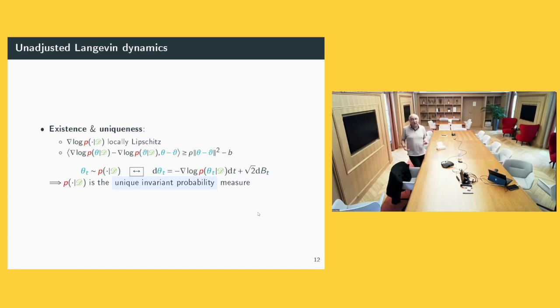It's a nice observation that under very general assumptions, if you are able to run the Langevin diffusion, which is what Mother Nature does when you want to equilibrate, P of theta given D becomes the stationary distribution of this diffusion. So it seems to be perfect.